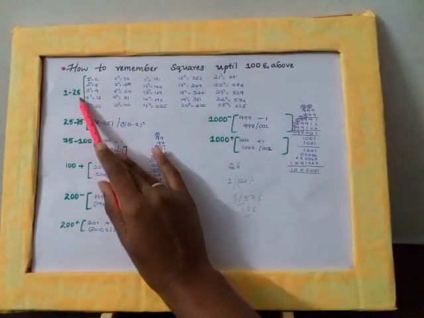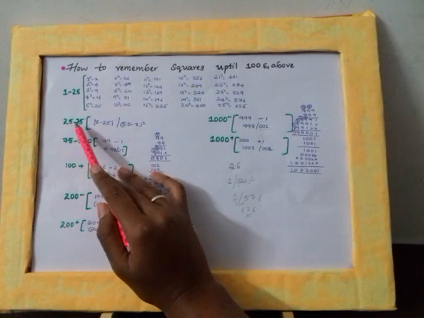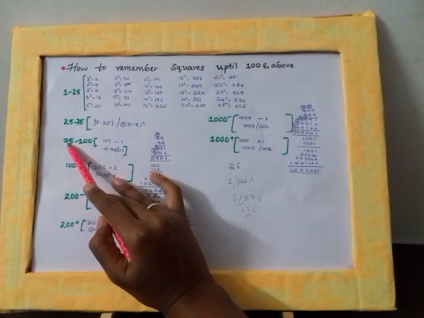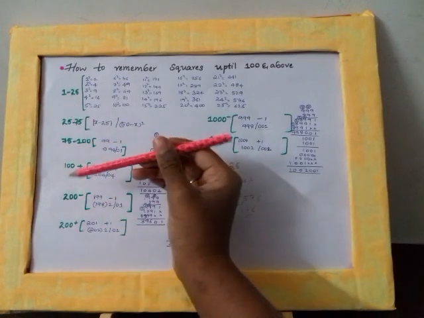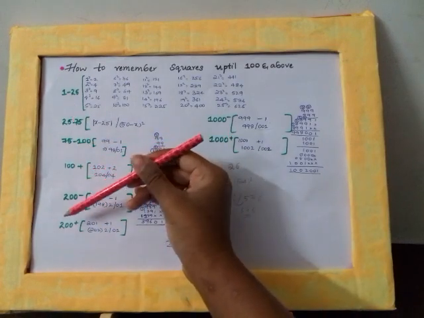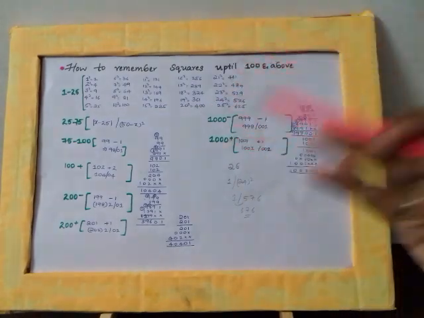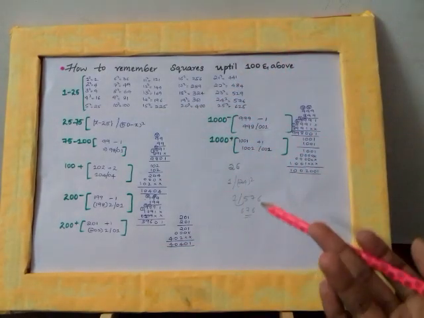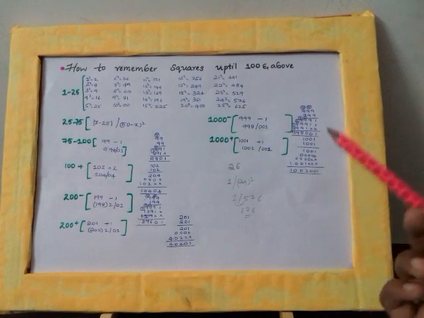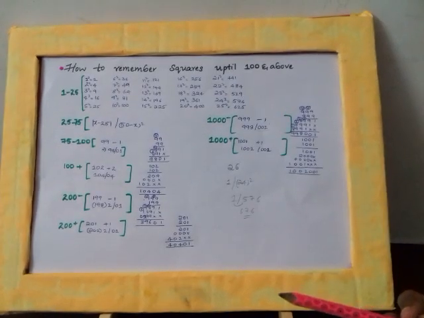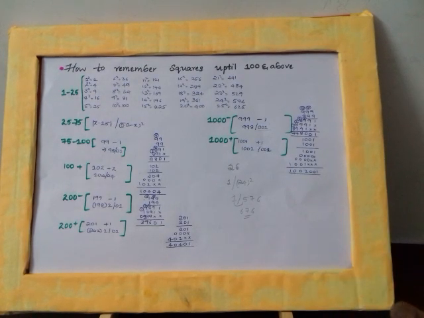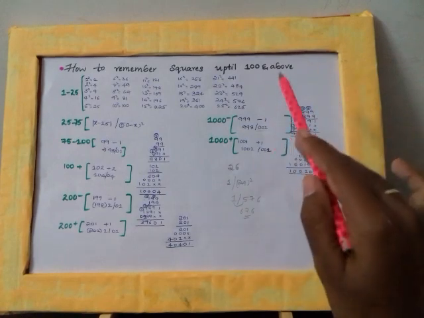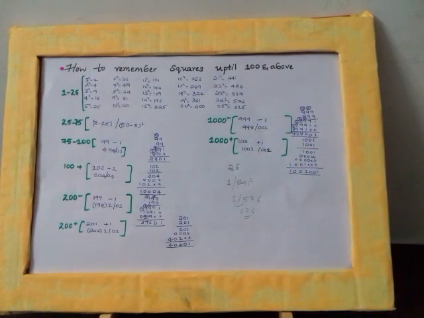The first slot is 1 to 25, the second is 25 to 75, the third is 75 to 100, the fourth is 100 plus, next 200 minus, 200 plus, again 300 minus, 300 plus, 400 minus, 400 plus, 500 minus, 500 plus, 600 minus, 600 plus, 700 minus, 700 plus, 800 minus, 800 plus, 900 minus, 900 plus, 1000 minus, 1000 plus, and so on.